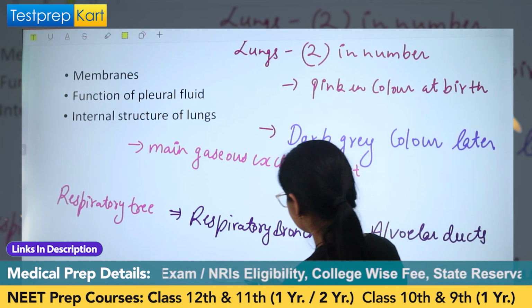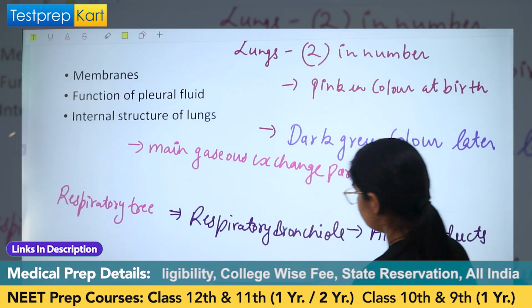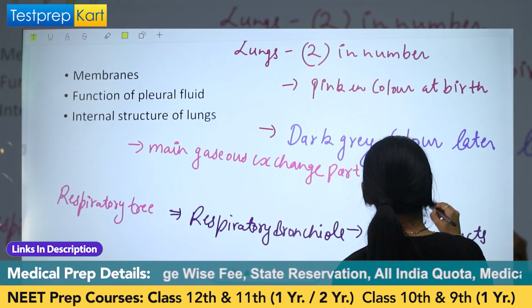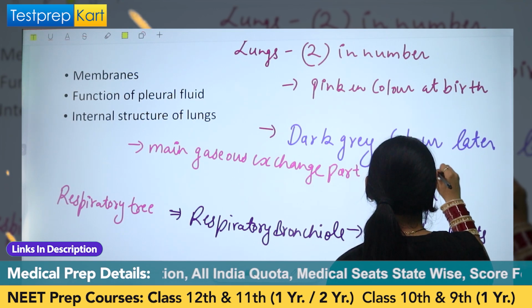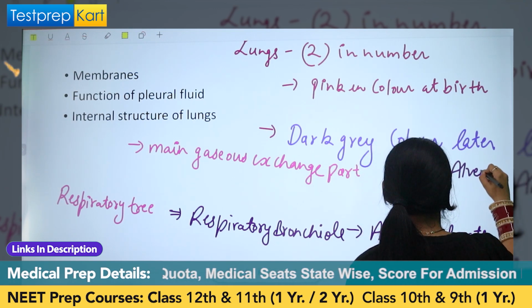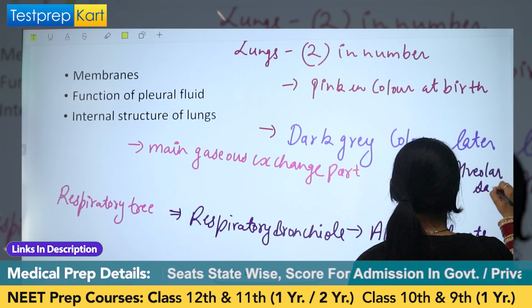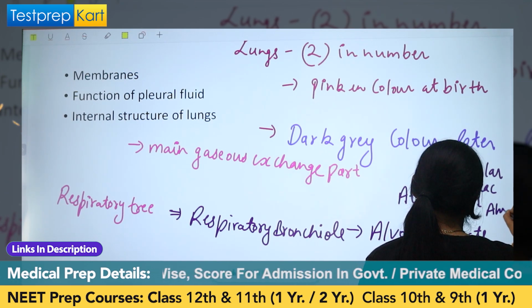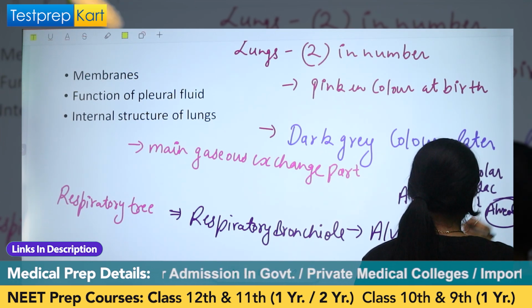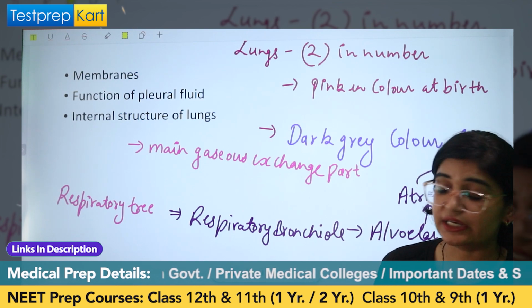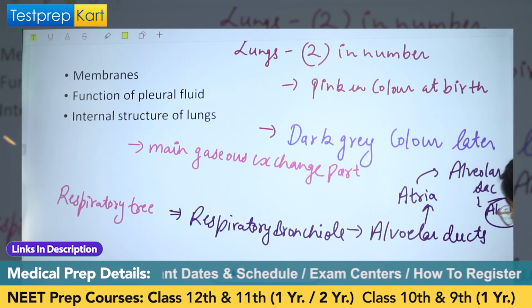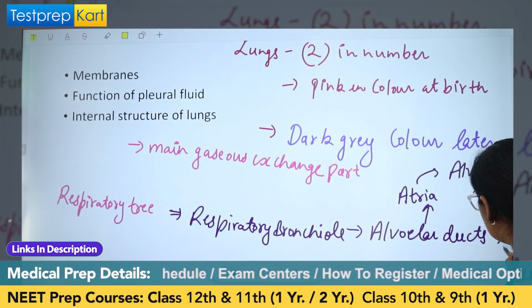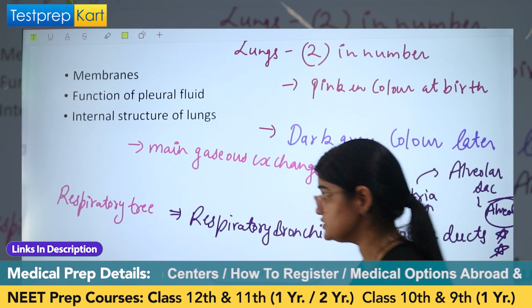Alveolar ducts will open up into, you can write here, atria, and these atria will terminate into the alveolar sac and then alveoli, right? So the alveoli is the main site where gaseous exchange will take place. So the respiratory tree comprises the respiratory bronchiole, alveolar duct, then atria, alveolar sac, and alveoli.